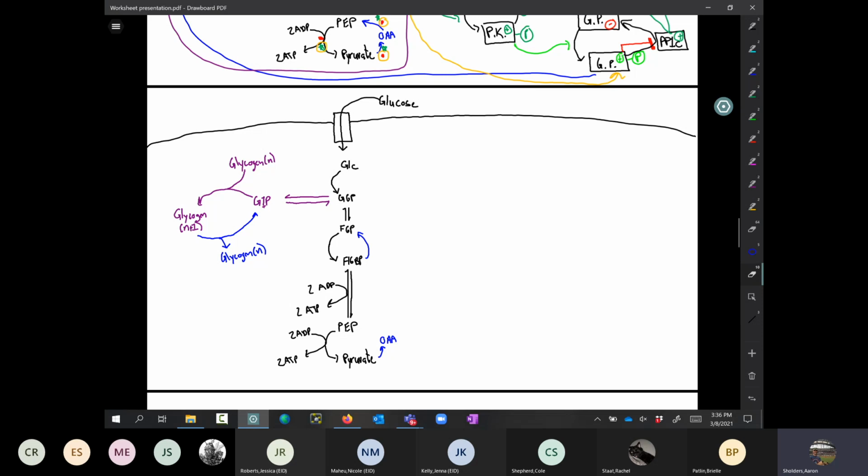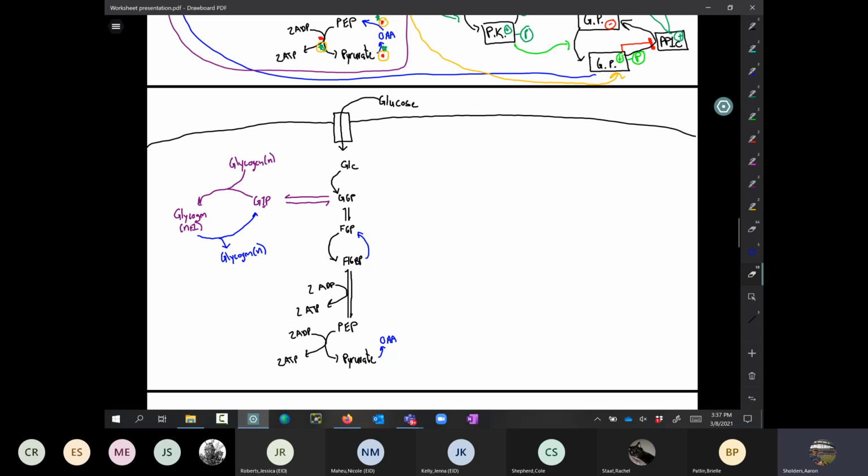Now, let's be honest, we didn't really talk too much about the muscle at rest with regard to glycogen breakdown and synthesis. We did with glycolysis, but we really didn't do it with glycogen breakdown and synthesis.